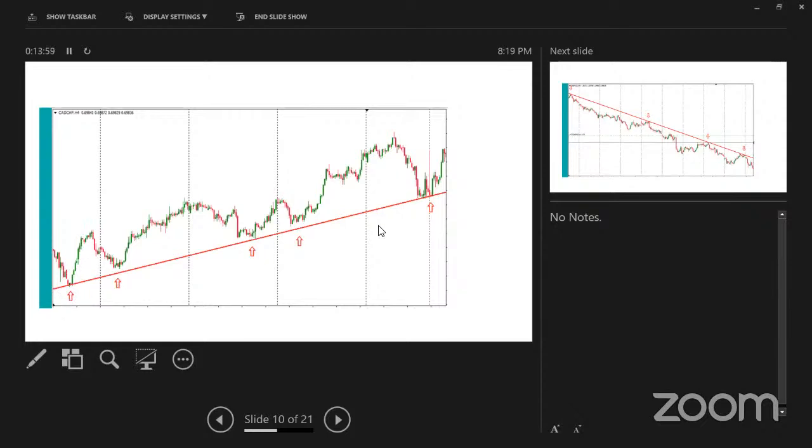It shows there is demand. When it came back again to that trend line, it pushed off the prices. And we said that we want to buy this market at the lowest prices possible. So the trend line will give us the lowest prices for us to buy this market.